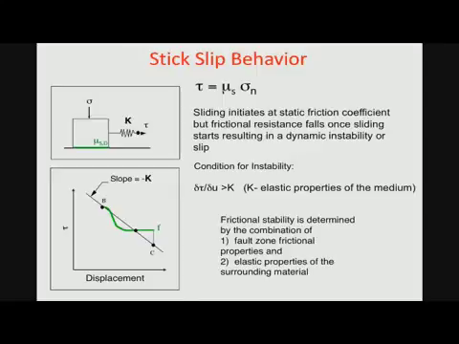Okay, so the importance is that frictional stability is both a function of the actual friction on the fault, but also the property K, which can reflect the elastic properties of the medium. So whether you're going to have earthquake behavior, stick-slip, is a combination.